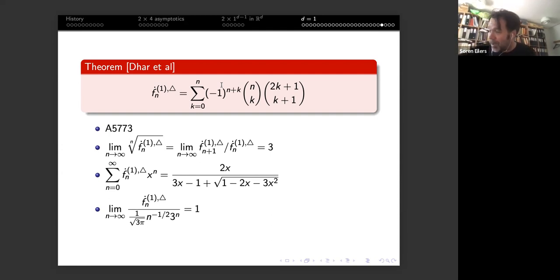Another anecdote is that I did this work with my colleague, I guess it was around 2005, and we had this paper. We put it on the archive, but it took us a long time to get it published because I think many publishers didn't think it was serious enough.